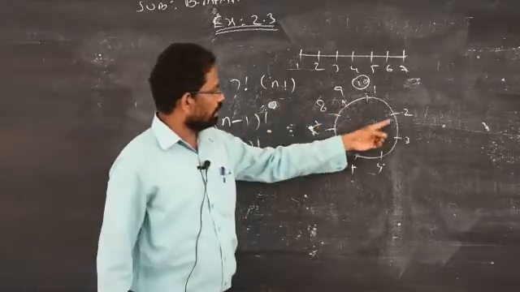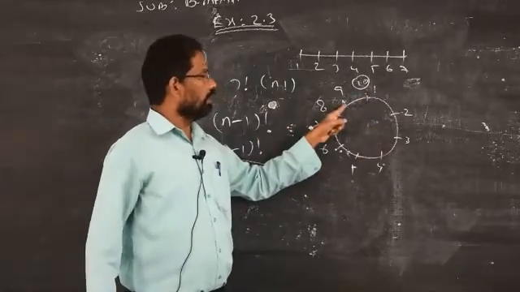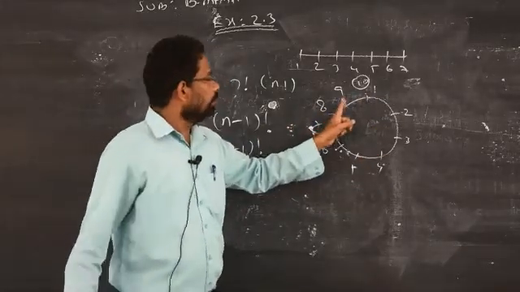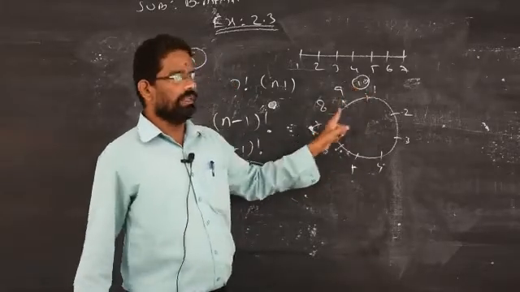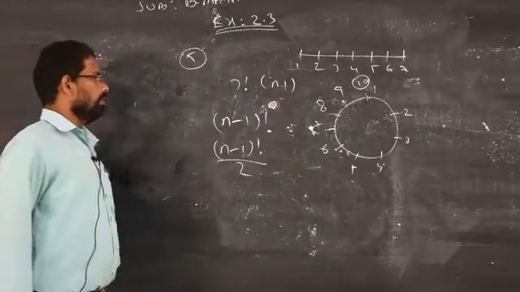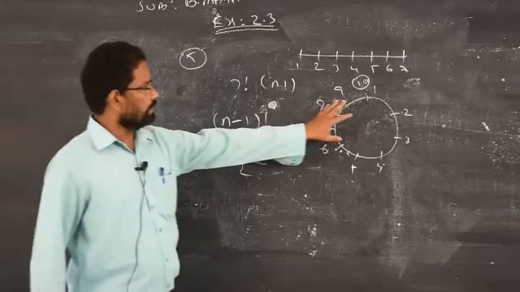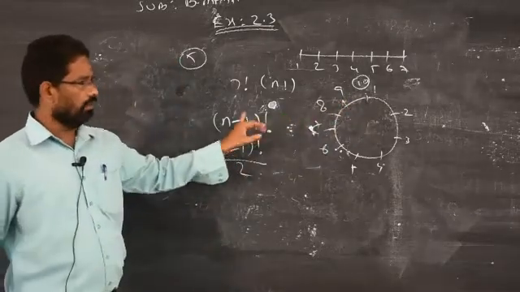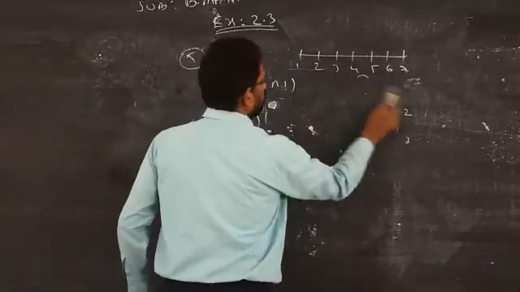I just explained how to get n minus 1 factorial. If you count from 1 to 9, a circle is not formed. Once you connect 9 and 1, you get a circle, but we get 10 numbers and we have only 9, so you subtract 1 from 10, giving 9, that is, n minus 1 factorial. This is just an explanation for your understanding, not a theorem.